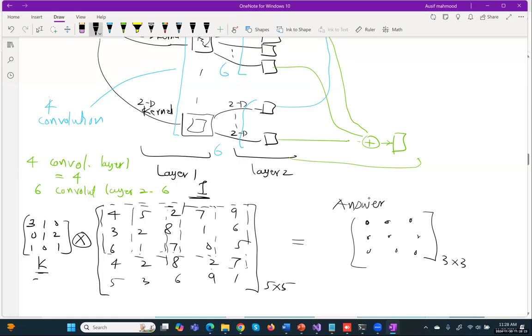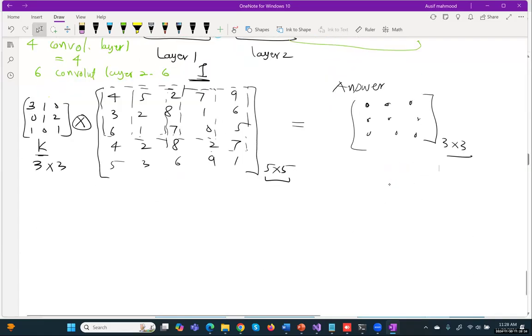So if the kernel is 3 by 3 and the image is 5 by 5, we will only produce 3 by 3 as the answer. Similarly, if I have an image that is 100 by 100 and the kernel is 3 by 3, as I do the convolution, my answer will be 98 by 98, because like I said, at the end, we will run out of values.